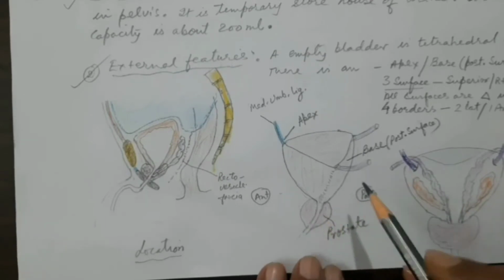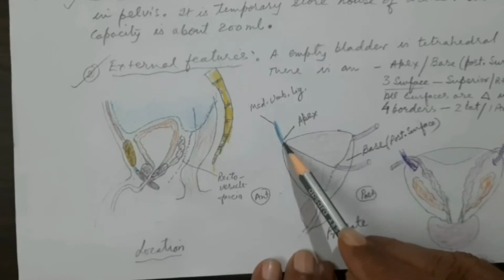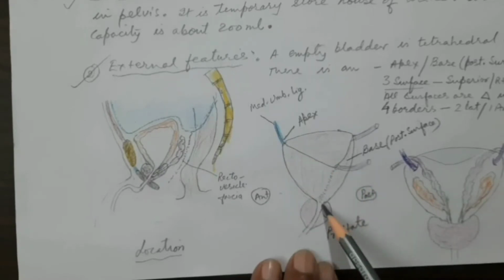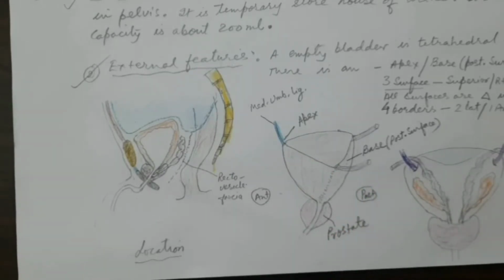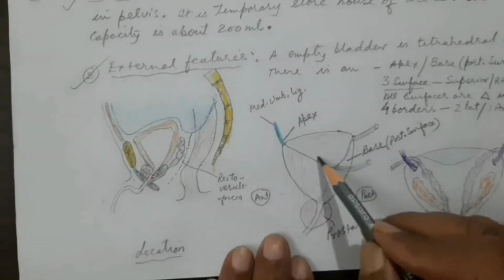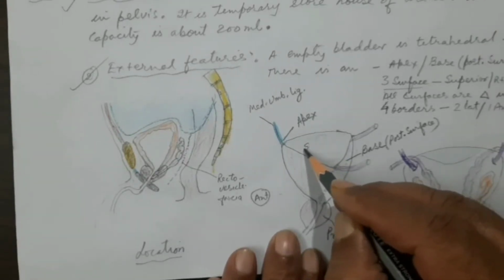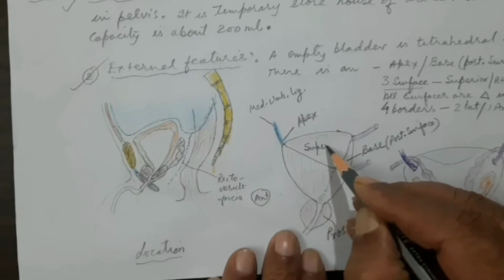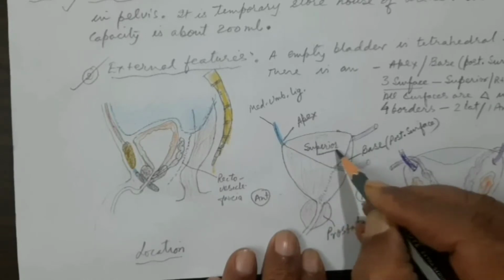After seeing the apex, the base and the neck, let us see the surfaces. There are three surfaces. This is the superior surface.